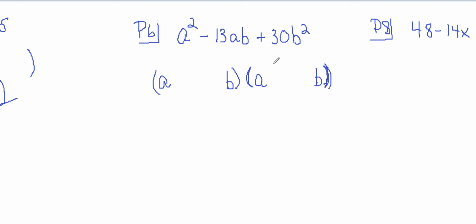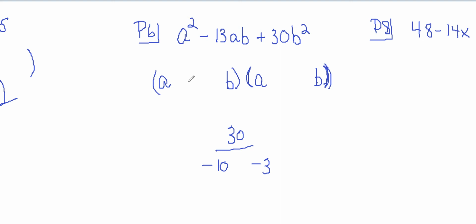Now I can ignore that b squared, the middle term as well, and just use the coefficients here. So notice I got a negative 13 in the middle with a positive 30. So that means both these numbers are going to be negative and add up to 13, which makes sense that it's going to be 10 and 3. Negative 10 and negative 3.